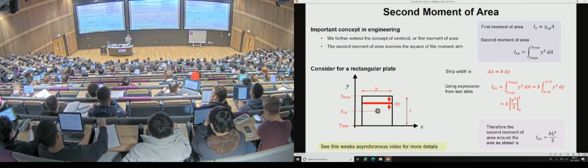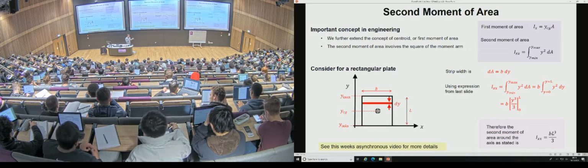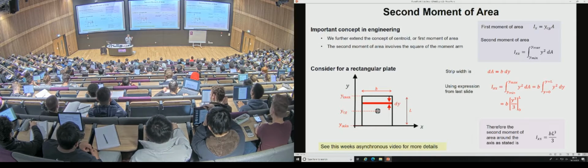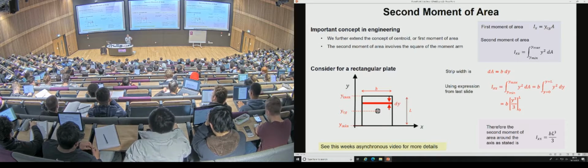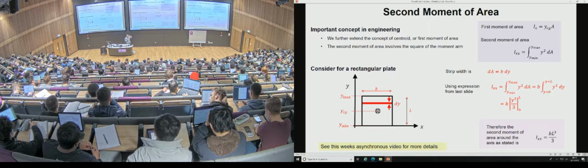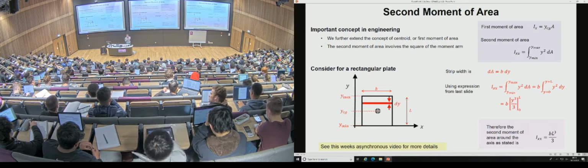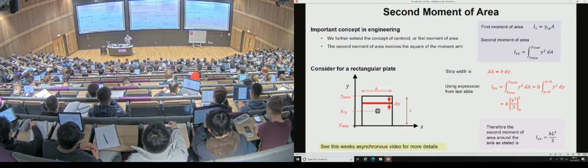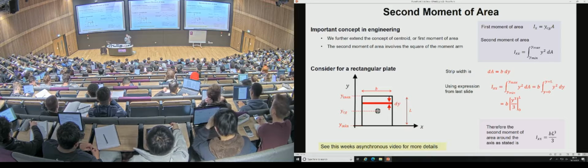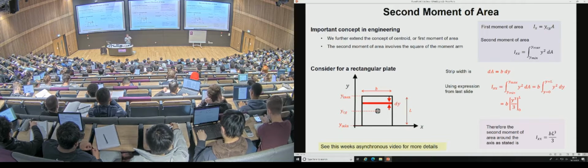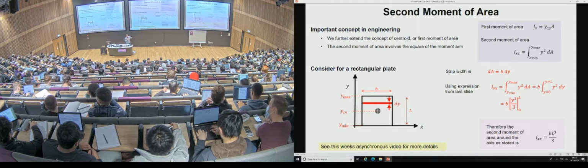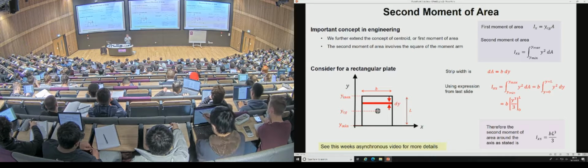The longer answer is that you can have a second moment of area in any combination of directions. At the moment, we're looking at the change in mass distributed in the vertical direction with respect to the horizontal plane. And so that's, if you like, its inertia around that reference axis. We could also look at that distribution around that axis, and we could look at that distribution around both axes as well.